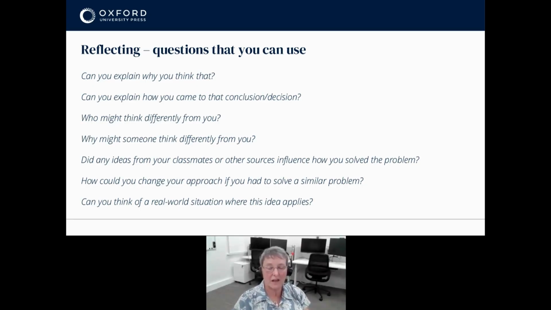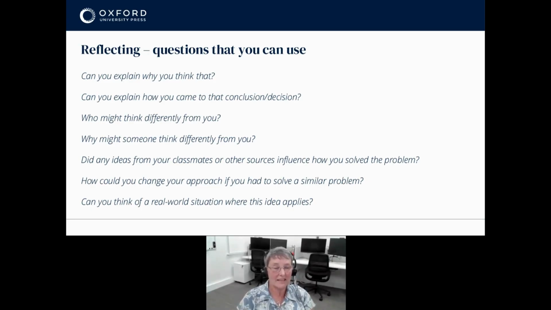I often used it for the highly able students who were very sure of it, but just getting them thinking about what would it take for you to change your view. And that's really powerful, particularly for students who have strong opinions on something they might have come across in social media. So getting them to identify what evidence they would need, and I've used that to great effect in the past.